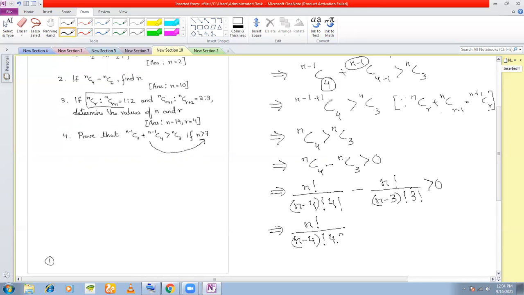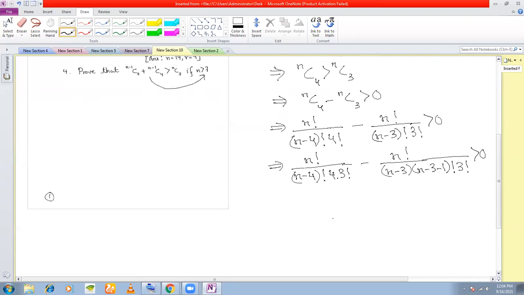you write as 4 into 3 factorial, minus n factorial, and (n minus 3) factorial you can write as (n minus 3) into (n minus 3 minus 1) factorial into 3 factorial, is greater than 0.